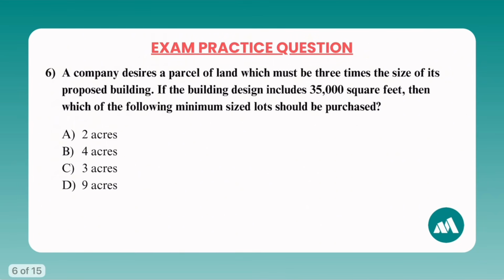Okay, number 6. A company desires a parcel of land which must be 3 times the size of its proposed building. If the building design includes 35,000 square feet, then which of the following minimum sized lots should be purchased?